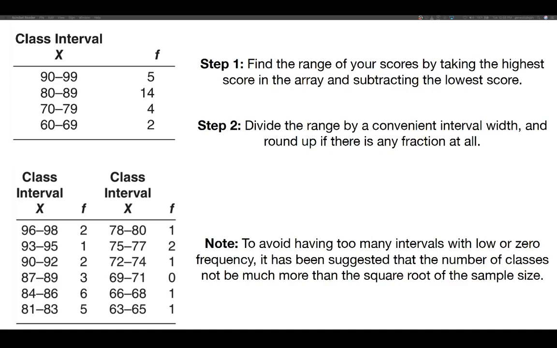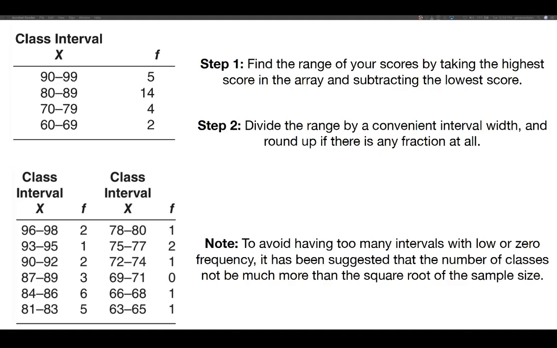Now, at this part, we will talk about choosing the limits of the lowest interval. Having chosen the width of your class interval, you must decide on the apparent limits of the lowest interval. The rest of the intervals will then be determined.